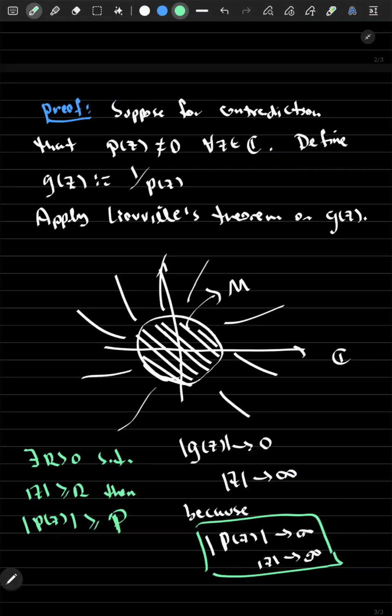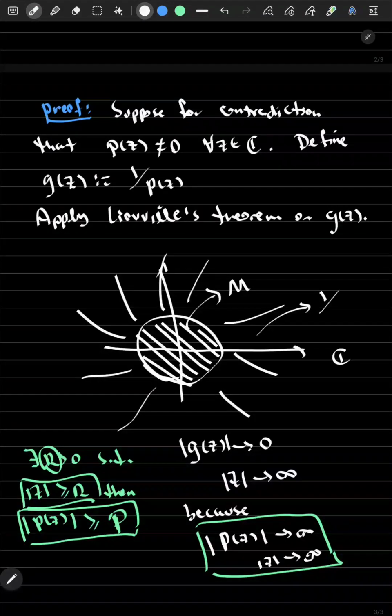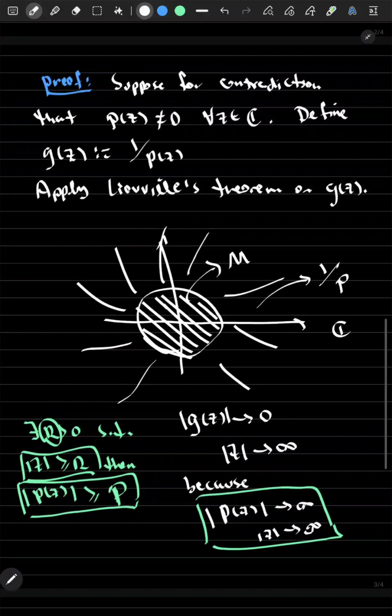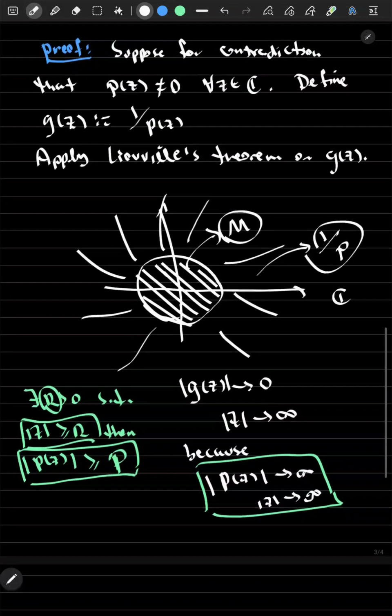Okay, and so we just invert this basically for g. So we say that for this R, if the absolute value of z is greater than or equal to R, then the absolute value of g of z is going to be less than or equal to 1 over P. So outside here, we have that the bound on g is 1 over P. Okay, and so we just take the greatest of M and 1 over P, and that is the bound on g of z.